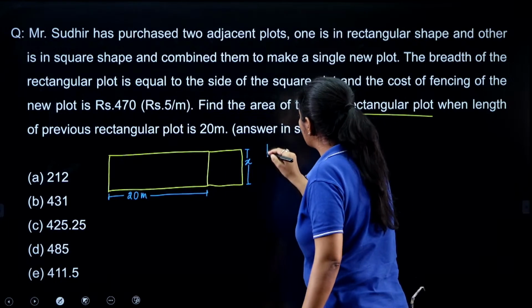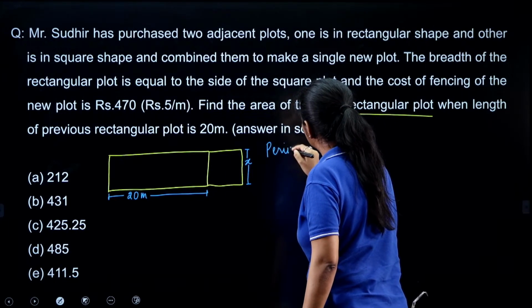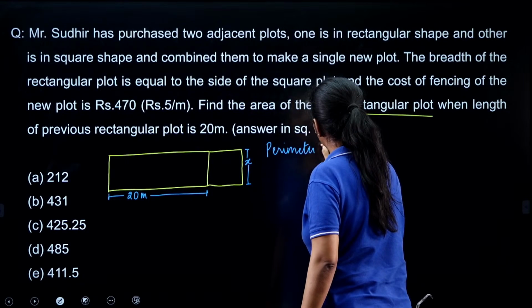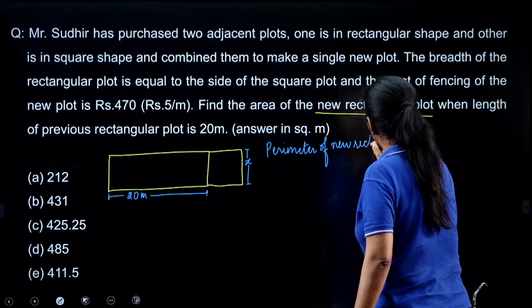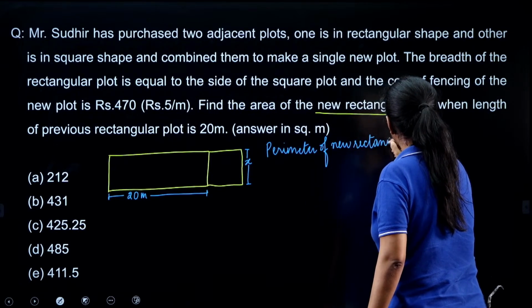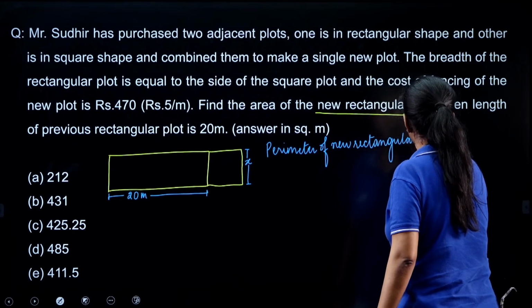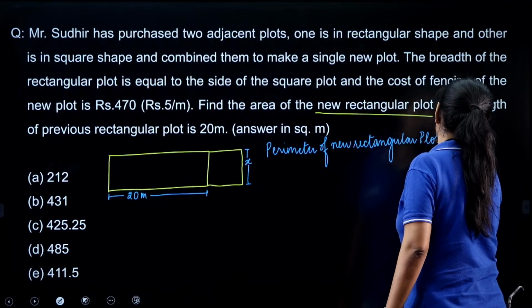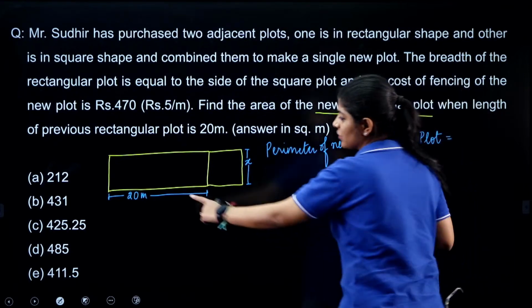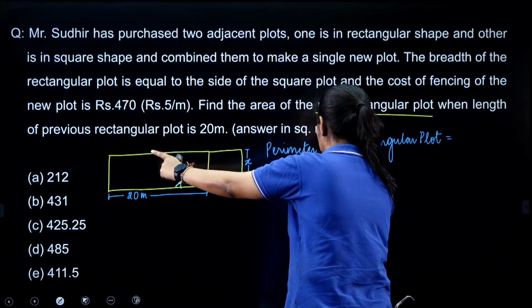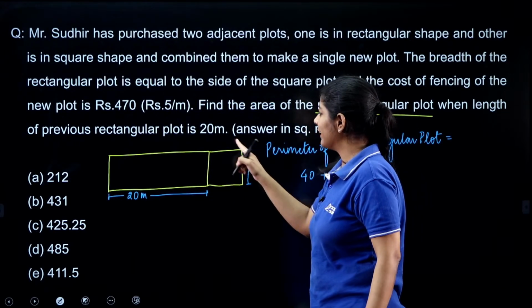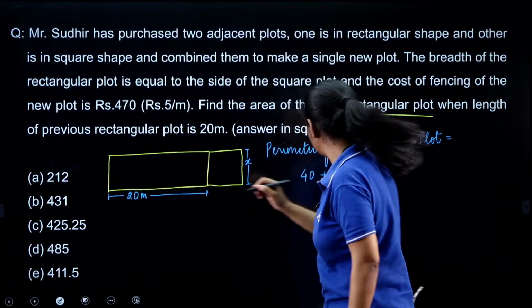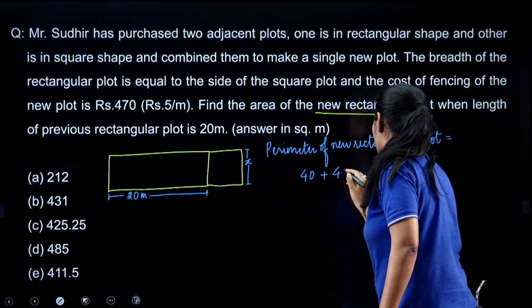So the perimeter of the new rectangular plot can be written as 20 plus 20, that is 40, plus 1x, 2x, 3x and 4x, right? So 40 plus 4x.